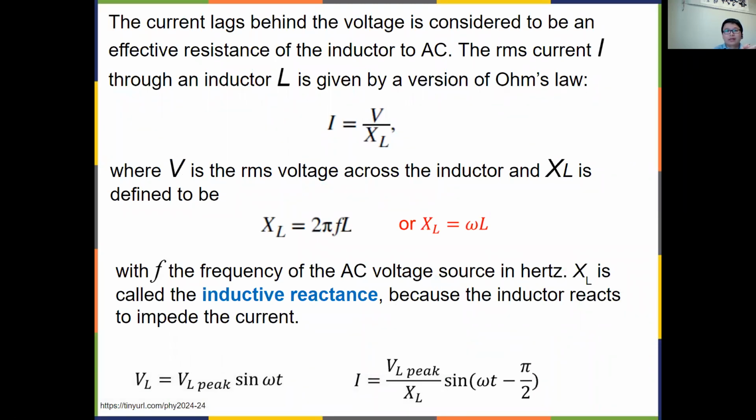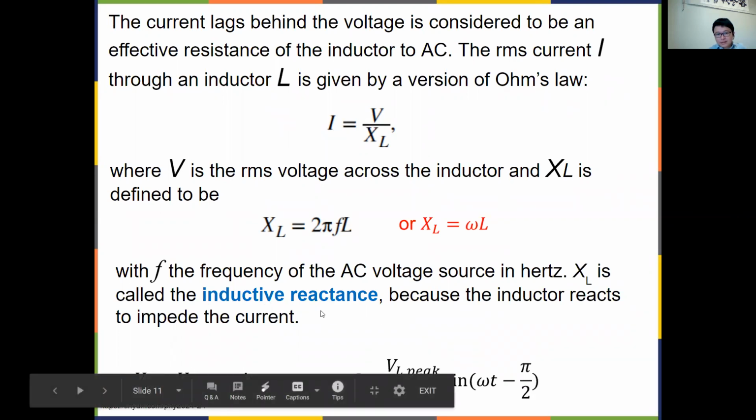Still, we can relate the current with the voltage, because once you apply voltage, the current will start to build up. So the current is equal to V divided by XL. We call XL the inductive reactance of your inductor, and it gets the name inductive because it is the inductor in the circuit.